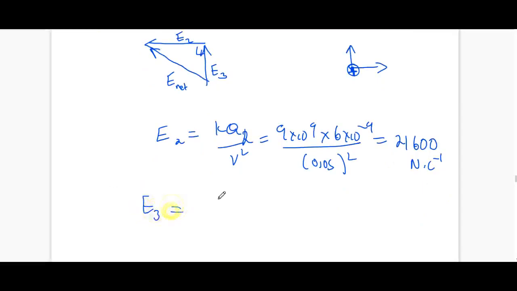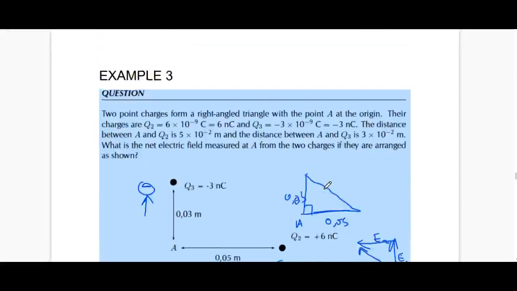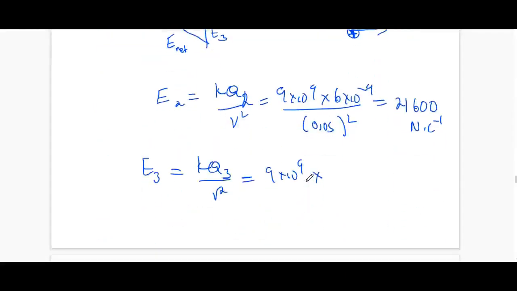What about E3? Q3 divided by R squared. So 9 times 10 to the power 9 multiplied by Q3, which is 3 nanocoulombs.